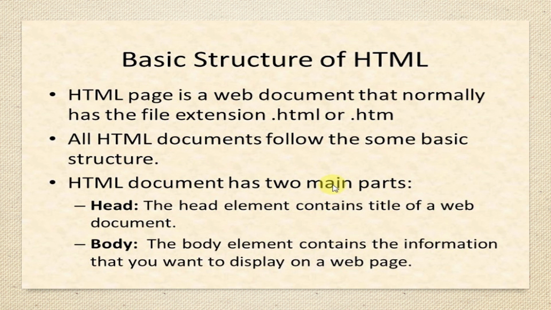They are head and body. The head element contains the title of the web document. So here you come across two words, head and title. Head and title are basically two different things. They work differently from each other. Do not confuse yourself thinking that they both are the same. In the further presentation, you will understand what is a head and what is a title.